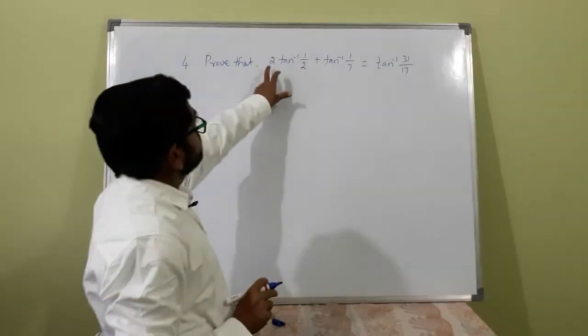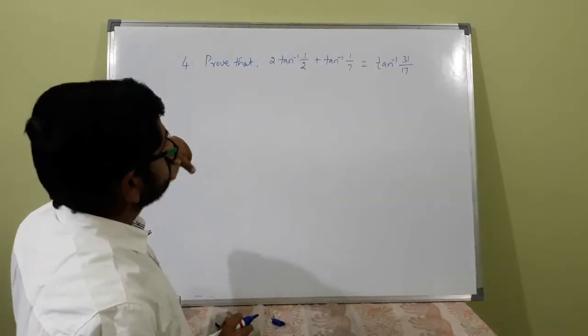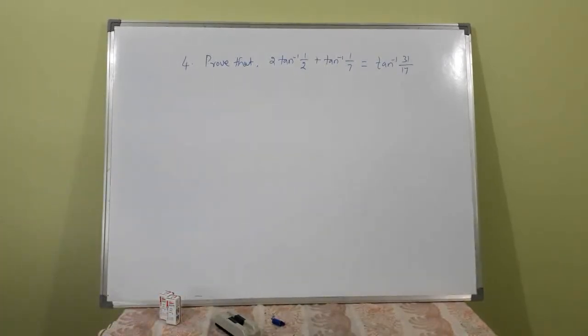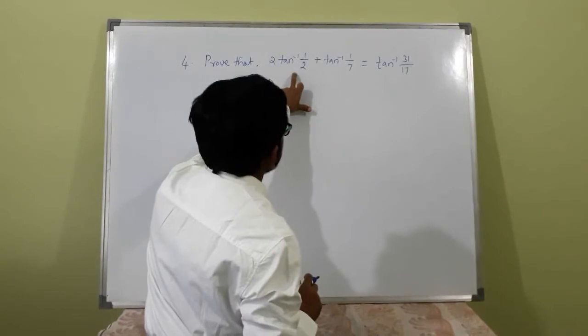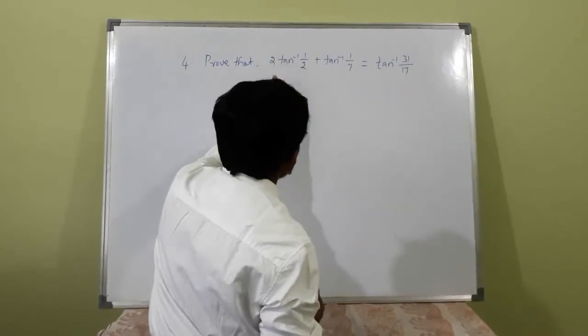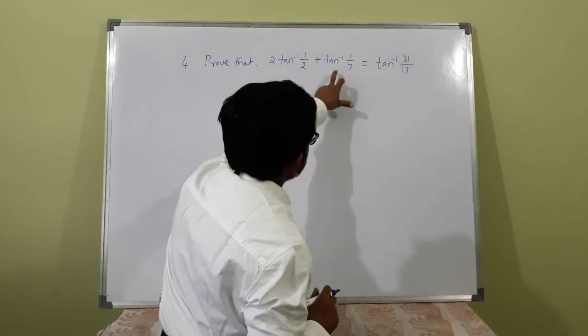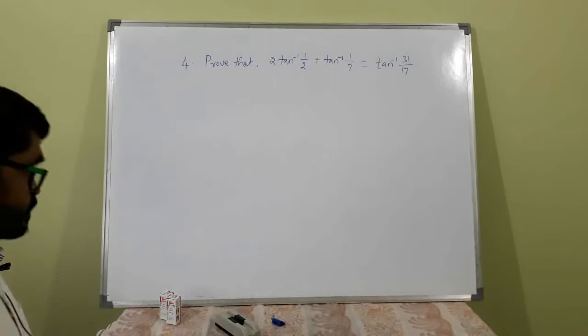See again, tan inverse half, tan inverse 1 by 7 is equal to tan inverse 31 by 70. See, this is the 2 tan inverse x form. Okay, you simplify and get one value, then this will be tan inverse, suppose tan inverse y. Again use the earlier formula.